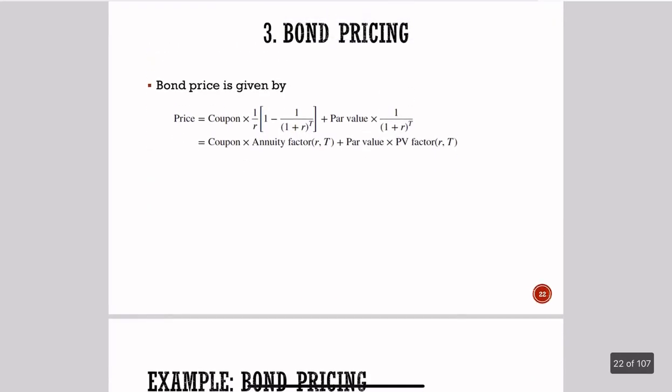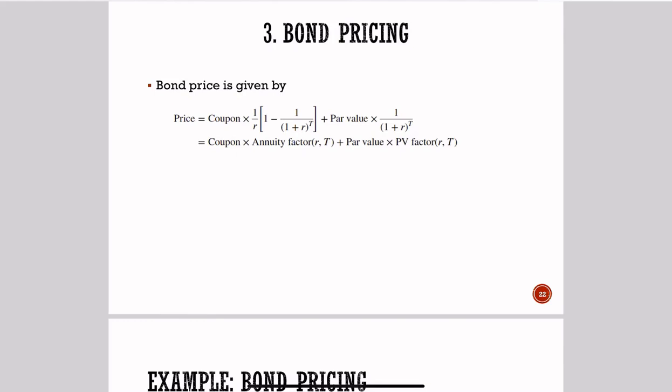Okay, now let's talk about bond pricing. Well, most likely you guys have learned about this in corporate finance too. So bond price is the discounted value of coupon payments and par value, right?